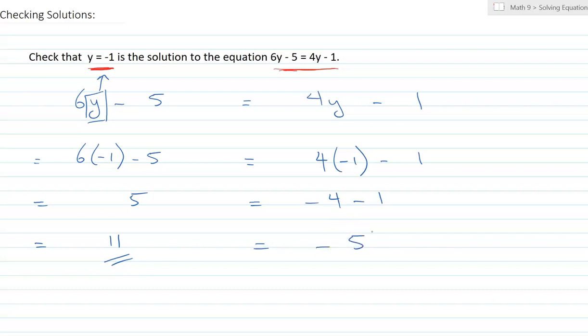So in this case, you notice that the two sides are not equal to each other. Left hand side and right hand side are not equal. That's a not equal sign.